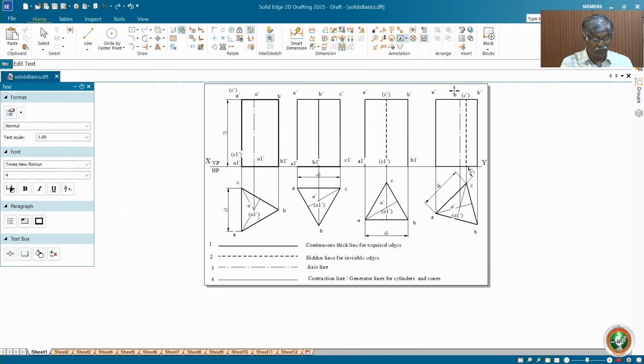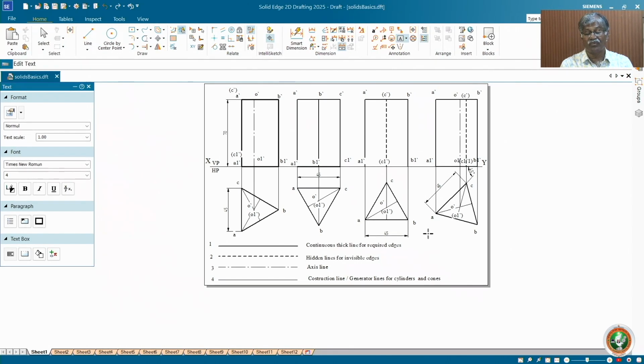Now O1, this is A1 dash, B1 dash is the extreme right corner, and the hidden one is C1 dash in brackets. Finally O1 dash. This is how you name the points, the corners of the prism.